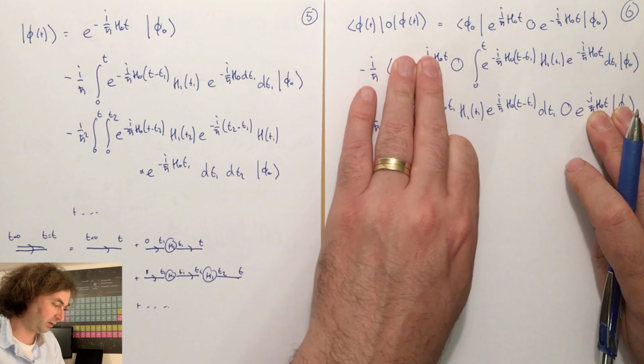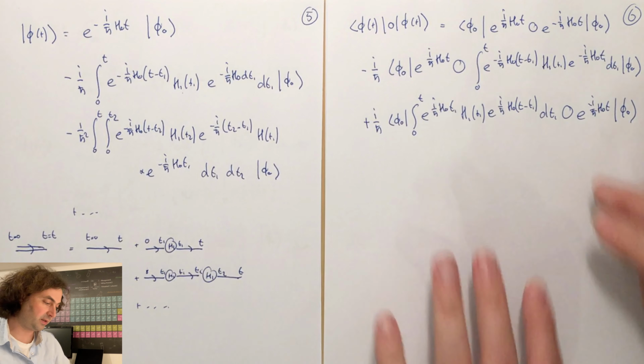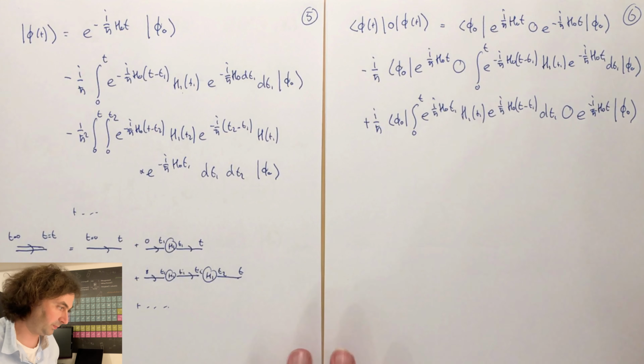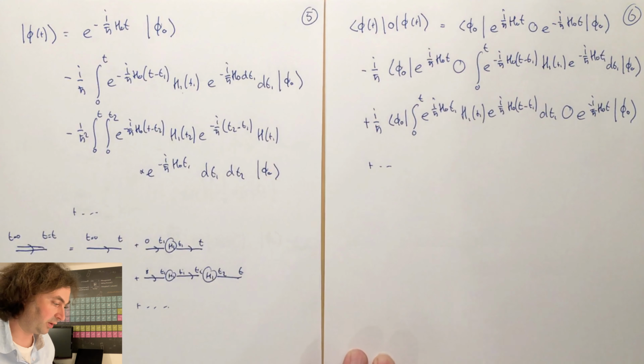So the zeroth order of the wave function on the bra and the ket side, the first order of the wave function on the ket or the bra side. And of course you have the higher order.